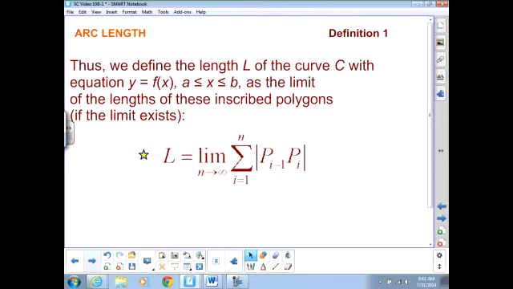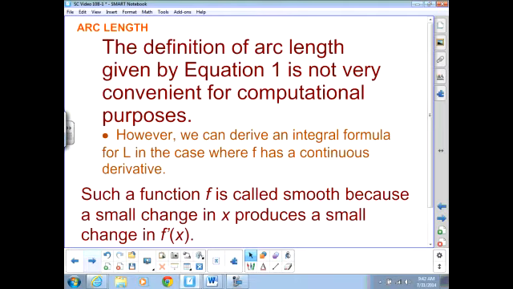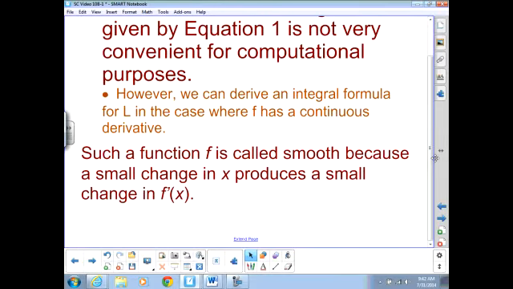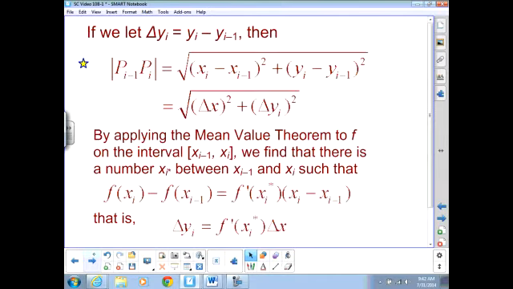So in general, our arc length is, as the number of segments goes to infinity, the sum of the lengths between each two endpoints next to each other. We're going to use the distance formula to represent the length between those two neighboring points.